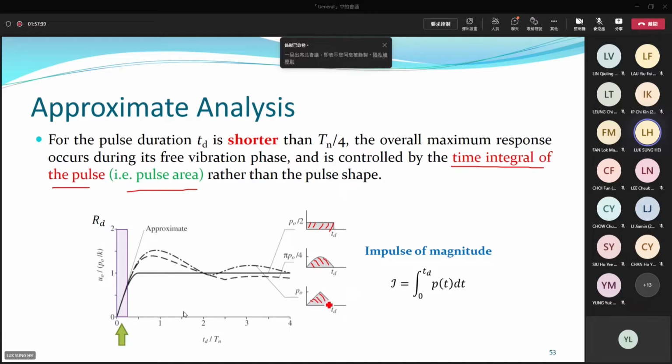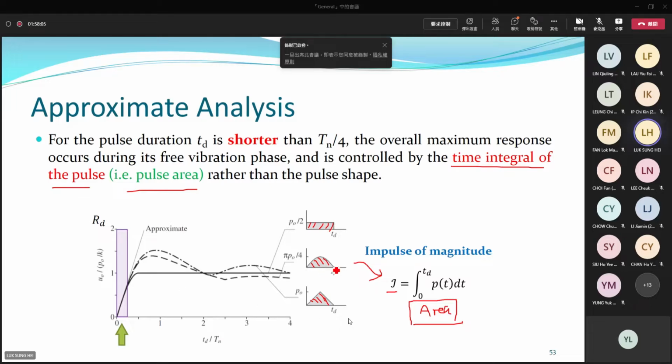The area of this pulse is the so-called impulse magnitude. These integrations mean area. Normally, I will give you pulses with simple shapes, so you can evaluate the area directly from the graph. I give it the symbol I to represent the area of the pulse.